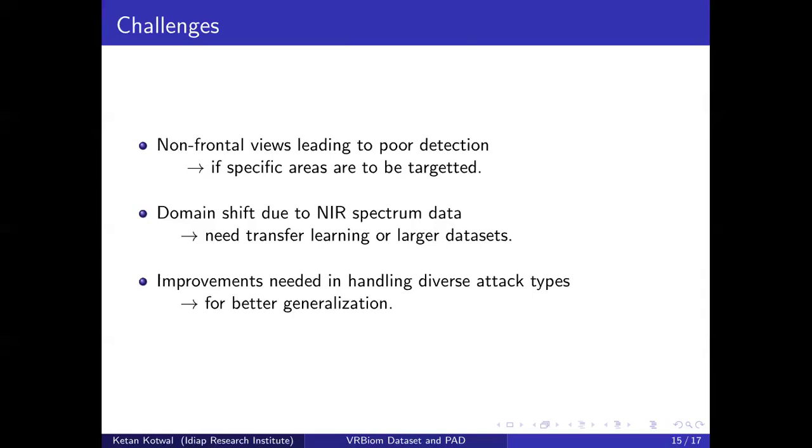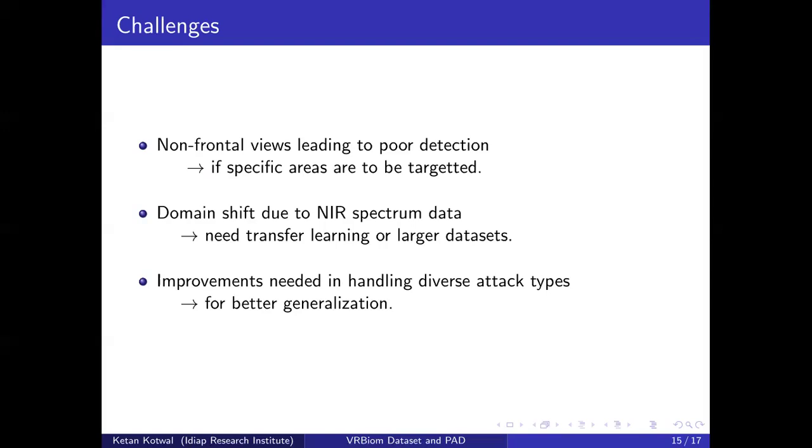Some of the challenges that we have seen: in case somebody wants to work specifically on the iris region, not the complete periocular region, you will first have to detect the eye or iris part, and detection was seen to be quite poor, especially because the views are non-frontal.